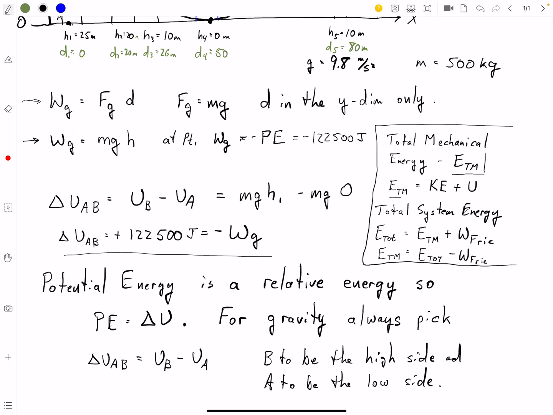Our total mechanical energy is equal to the kinetic energy plus the potential energy. U is equal to PE. Okay, so you can use PE if you want, or you can use U, whatever. That's up to you. I think the book uses U. I like PE because you're writing kinetic energy out. You may as well write potential energy out.